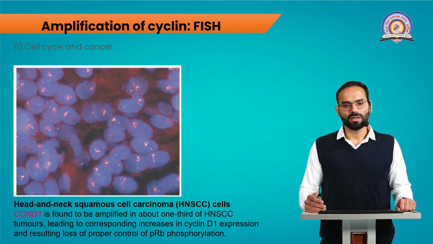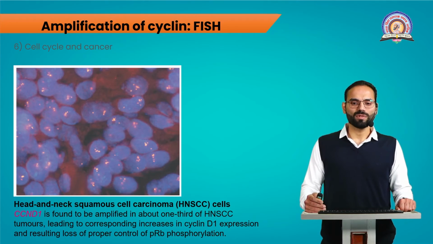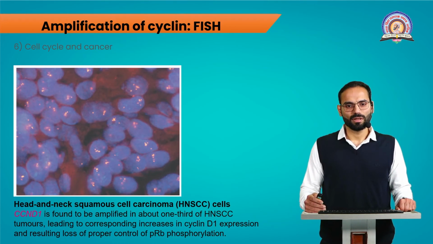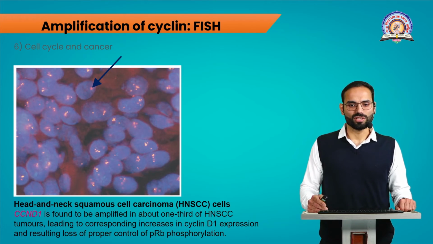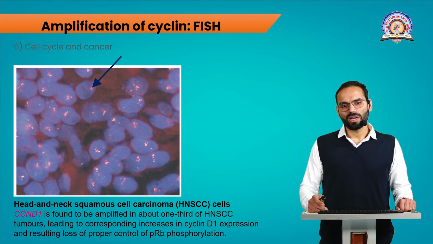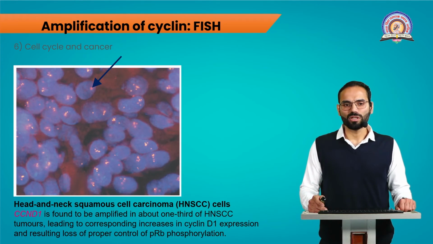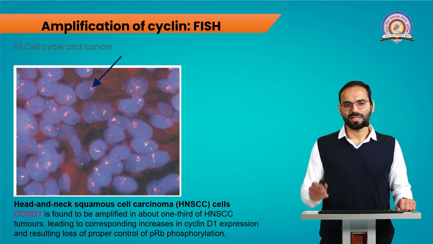So here are head and neck squamous cell carcinoma cells. And here the blue color is the nuclei, and the blue arrow depicts a copy of the cyclin gene. And here the cyclin is cyclin D1. As you can see with the blue arrow, there is only a single copy of the gene present, as seen by a single dot.